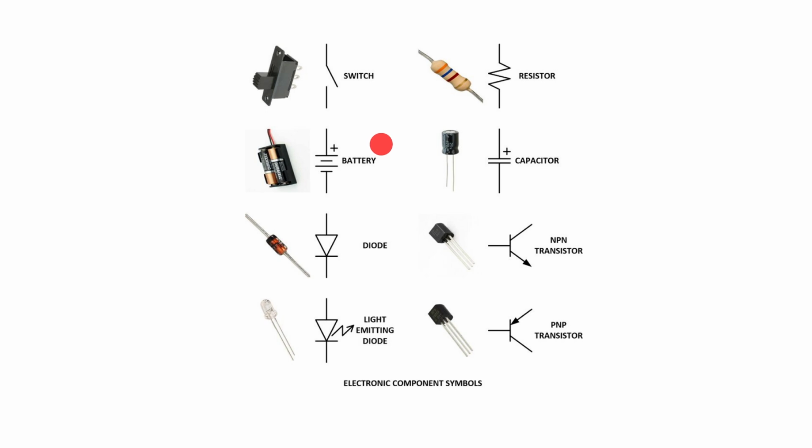And an electrical current, we haven't mentioned this, but an electrical current is the rate at which electrical charge flows past a point in a circuit.